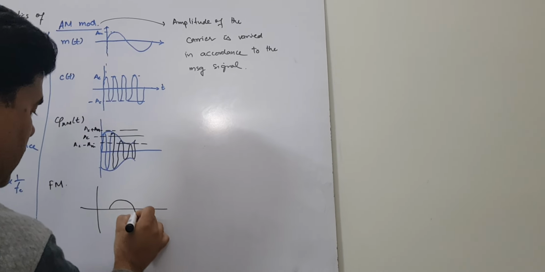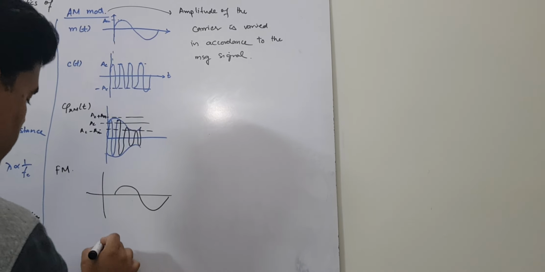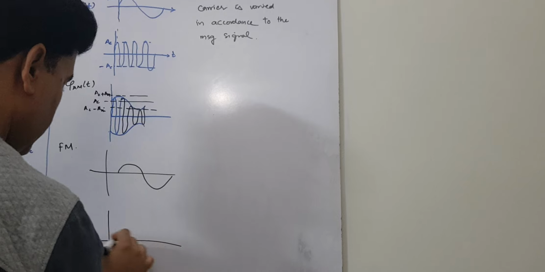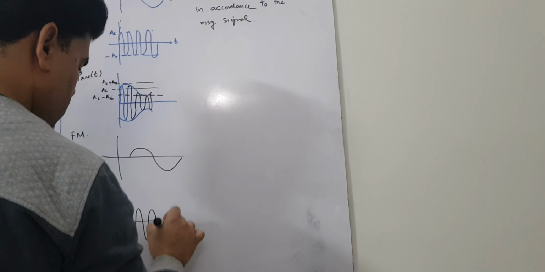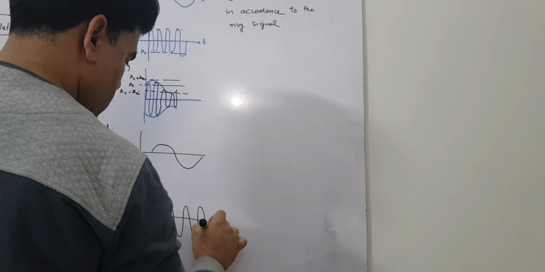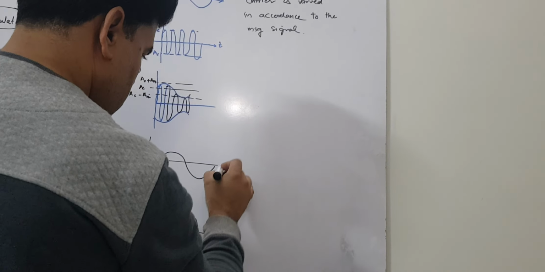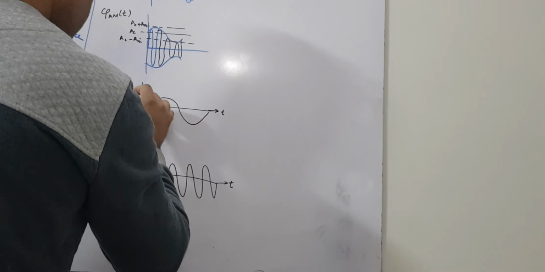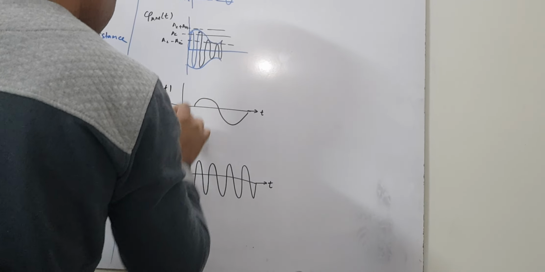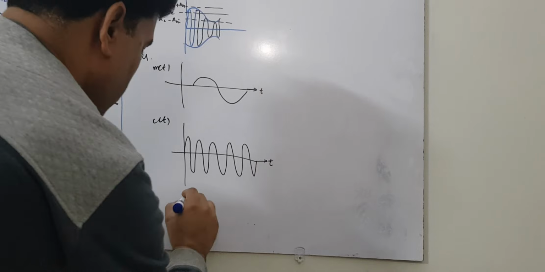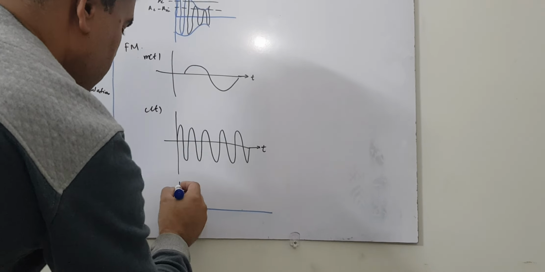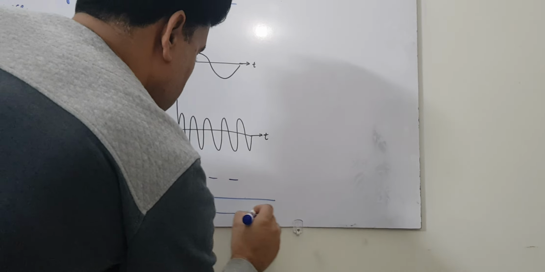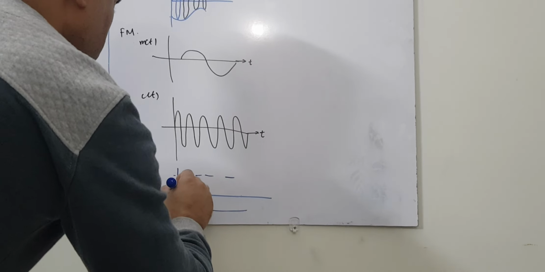have like this is your message signal, then that is your carrier signal. So this is MT, this is CT, and then you can write the modulator signal. Now you can see your phase remains constant.